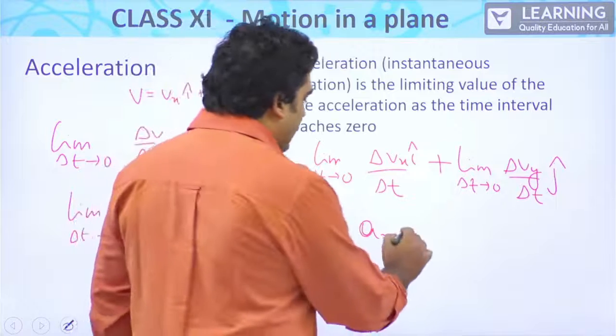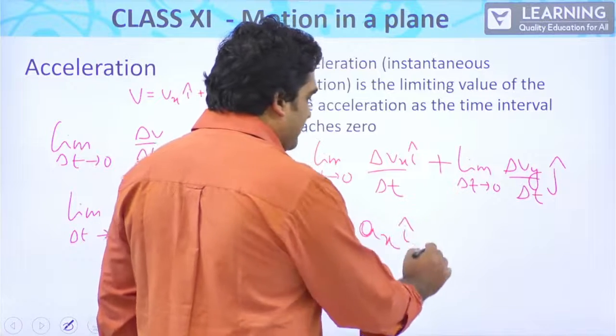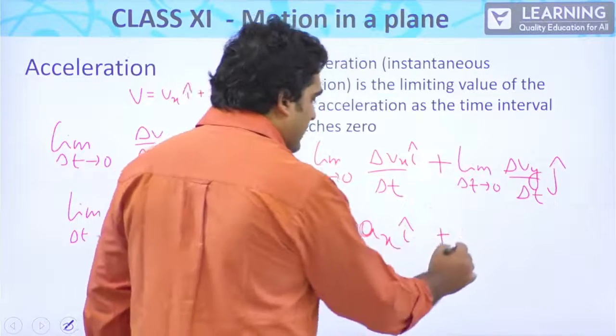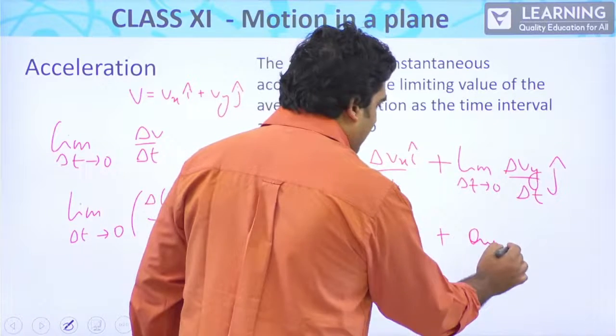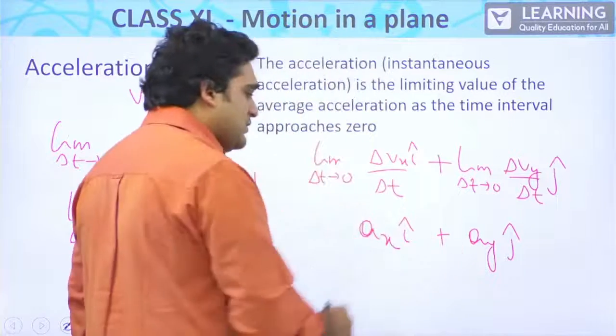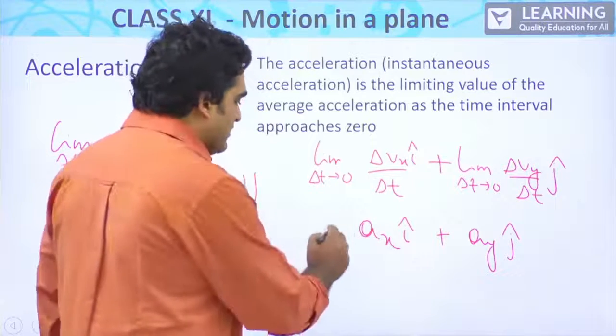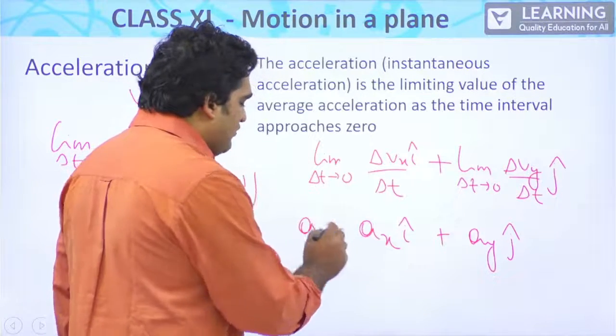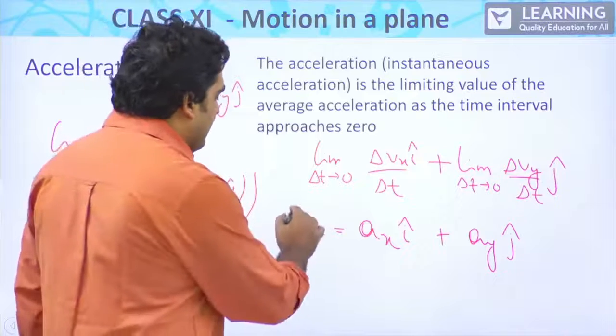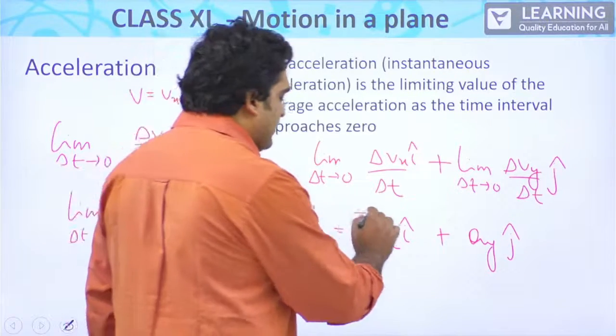So ax i cap plus, similarly, ay j cap, which is the instantaneous acceleration along the y-axis. So that would give you the value for an instantaneous acceleration.